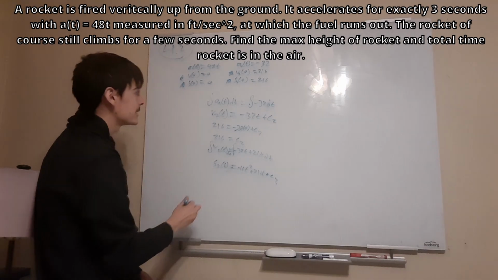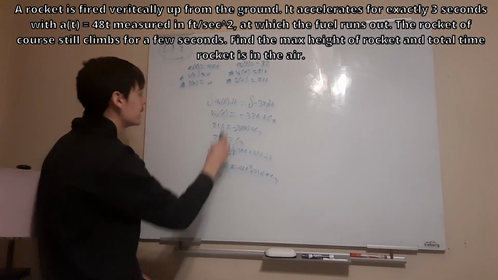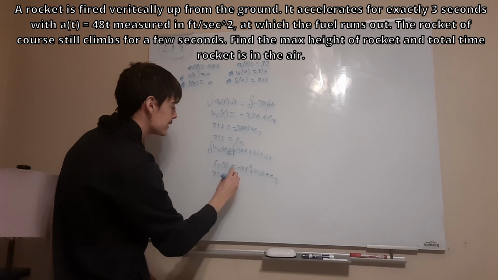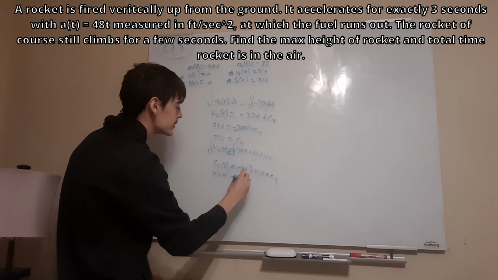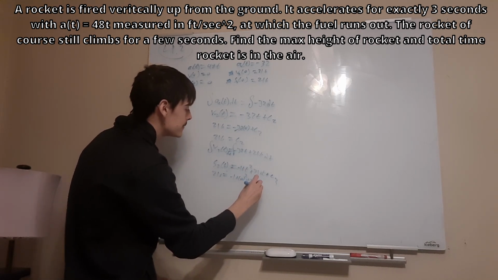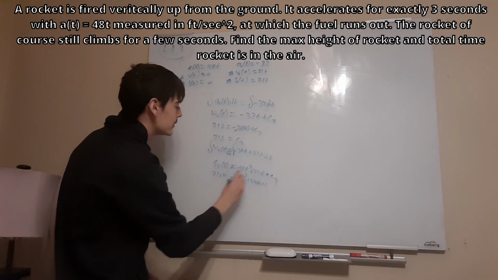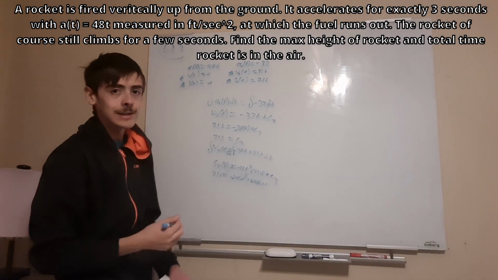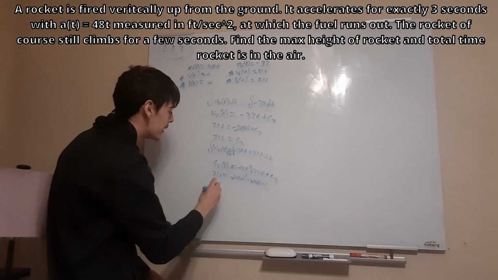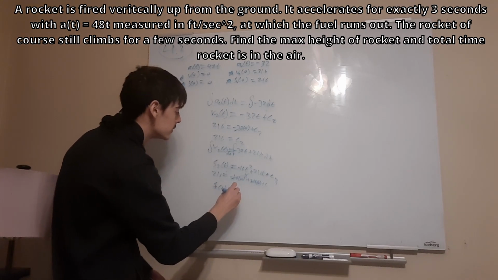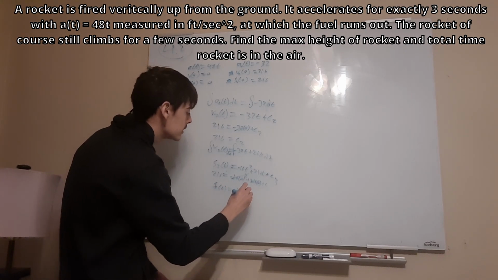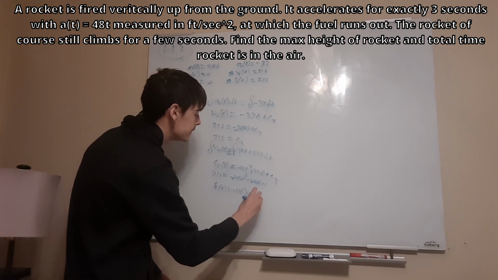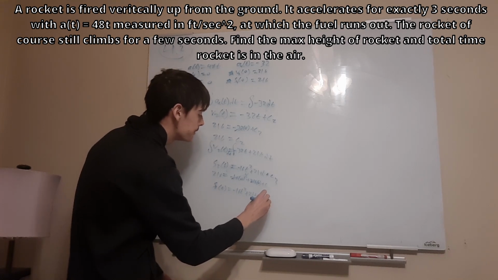The reason I said plus 216 is because we're going to plug in this point up here. 216 equals negative 16 times 0 squared plus 216 times 0 plus c3. Those cancel. We get c3 equals 216, so I was just getting ahead of myself. So our s2 of t is going to equal negative 16t squared plus 216t plus 216.